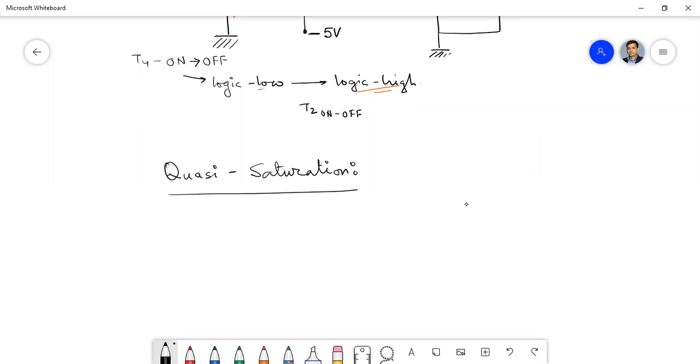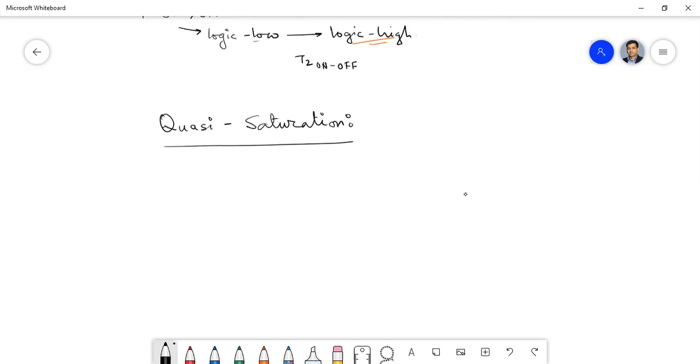So first I will show how that quasi-saturation occurs. It's very evident in the characteristics that we have three clear regions. One is called the cutoff, another is active, another is saturation. But the quasi-saturation region is not a very wide one.